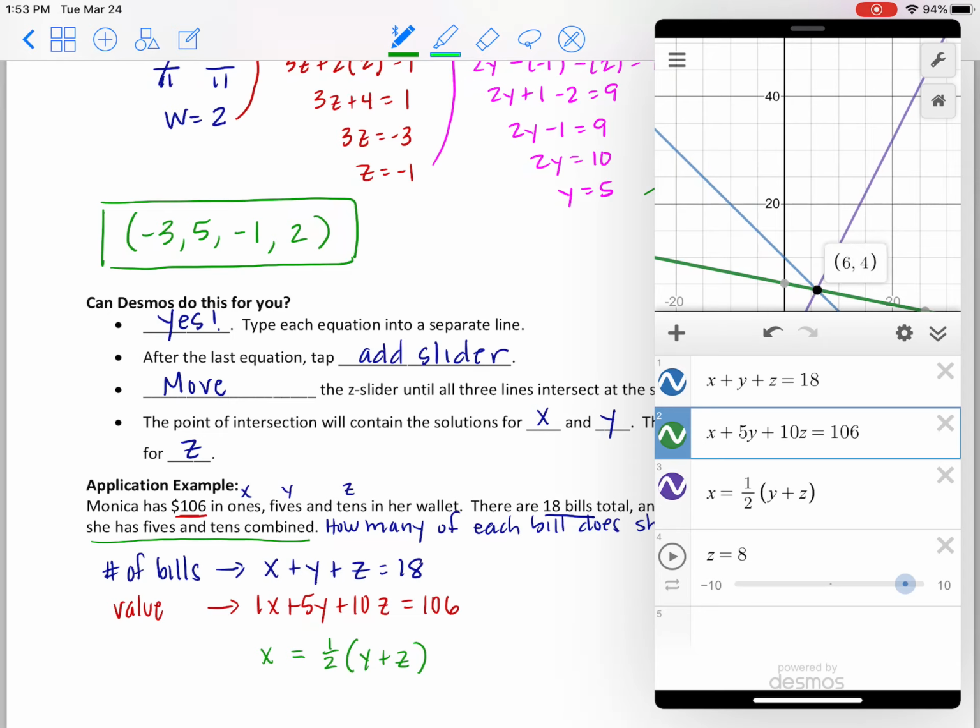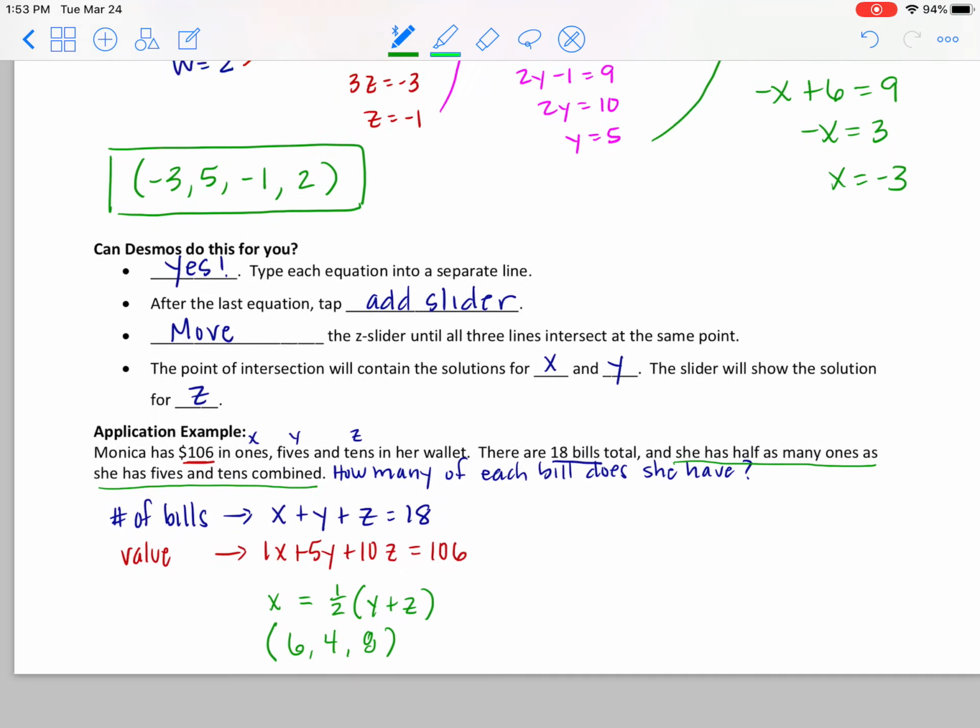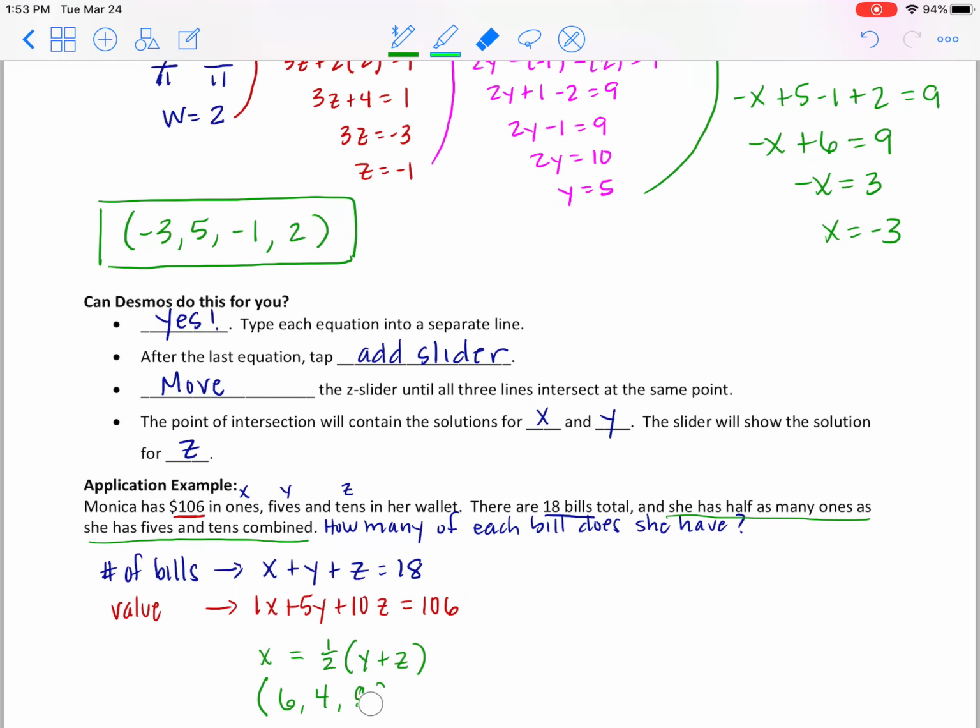So we've got 6 for x, 4 for y, and 8 for z. So our solution is 6 and 4 and 8. So our Desmos solution was 6 and 4 and 8.